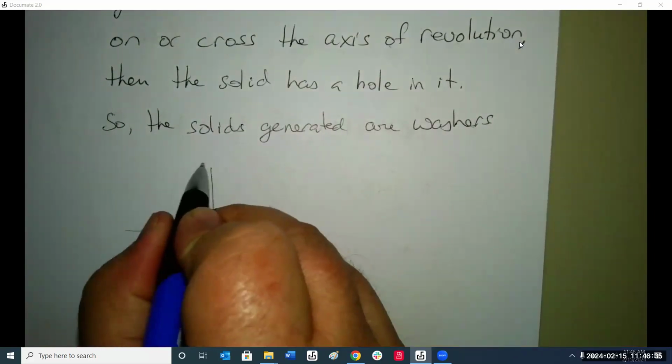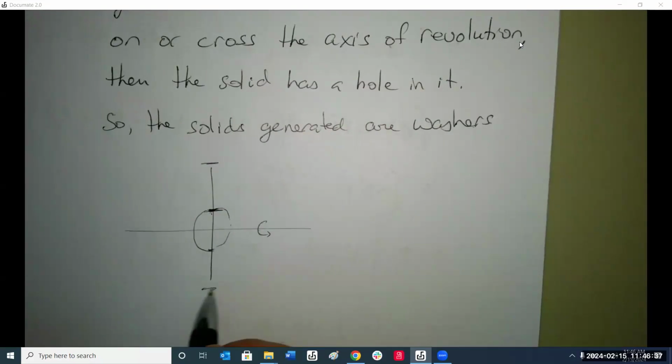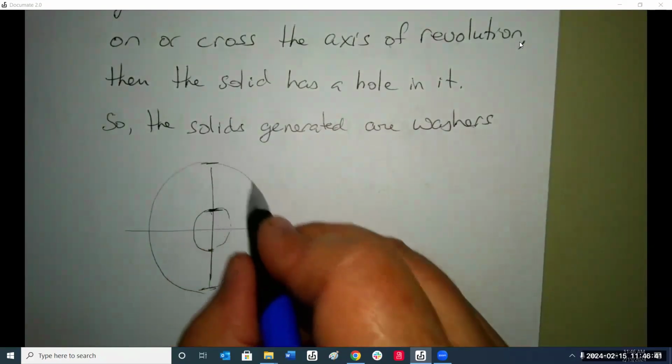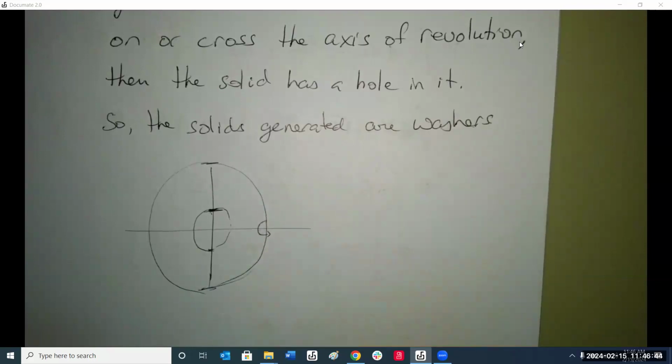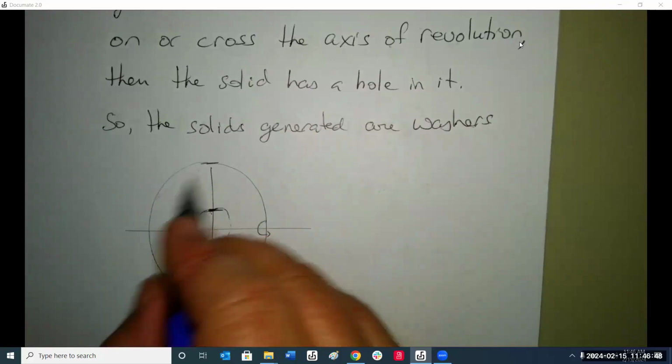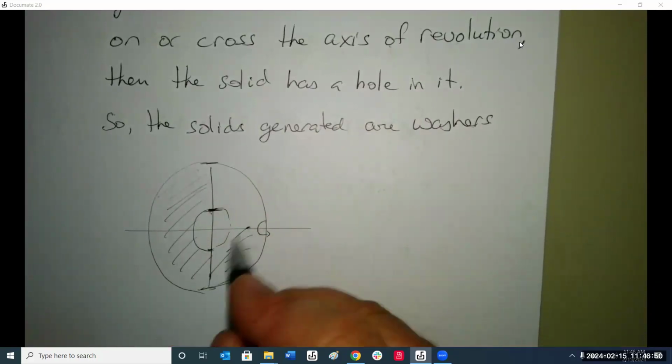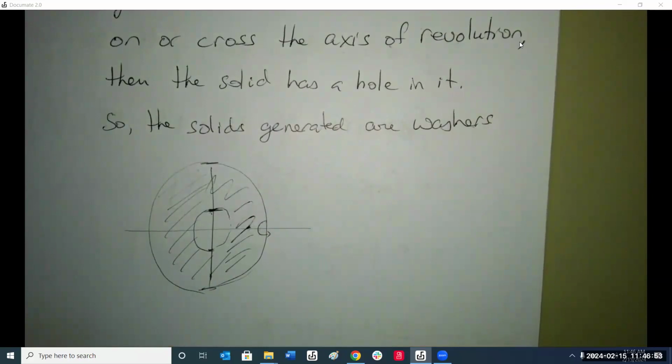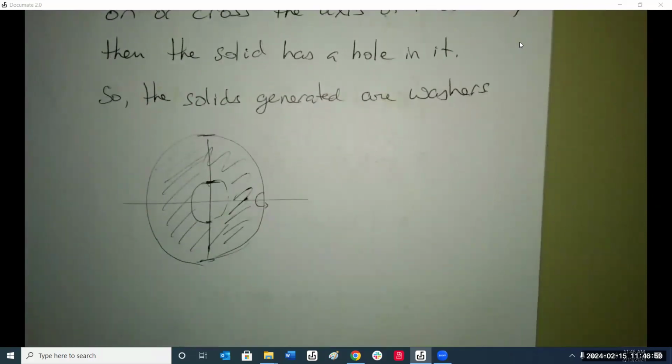So it's the low end here, the high end. So that's why I call it the washer method, because we only want this area here. And when we revolve it around, it becomes a sphere with a hole in it. A donut, not a donut, but actually a ball. All right.